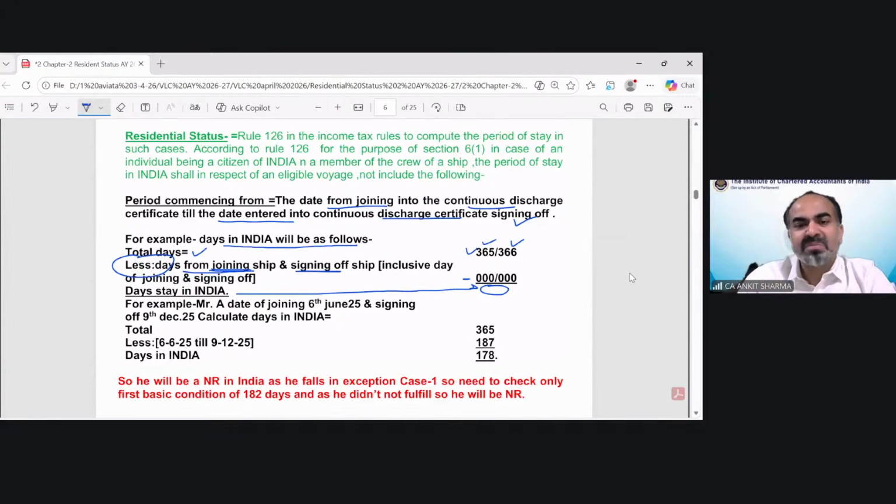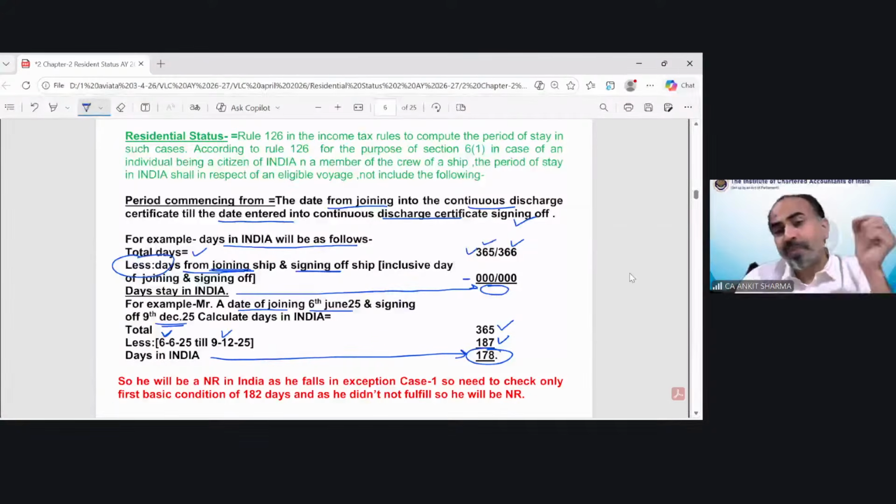With example, Mr. A date of joining 6th June 25 and signing off date is 9th December 25. So how will you find out his status? Total number of days 365. Date of joining, that means from 6th June till 9th of December, total number of days is 187. So the remaining days in India is technically 178.